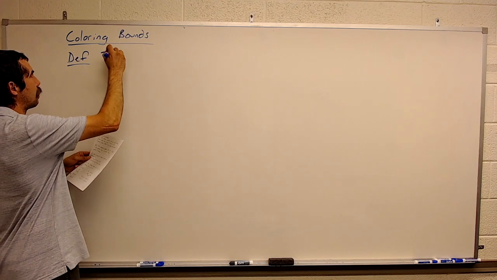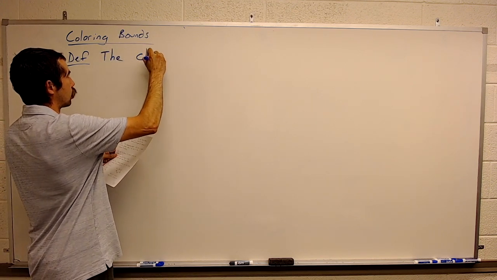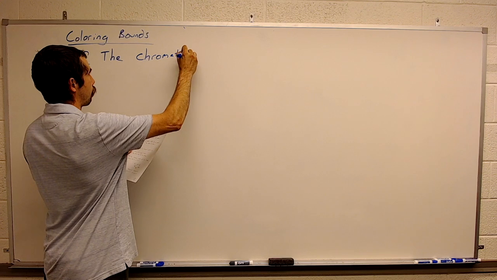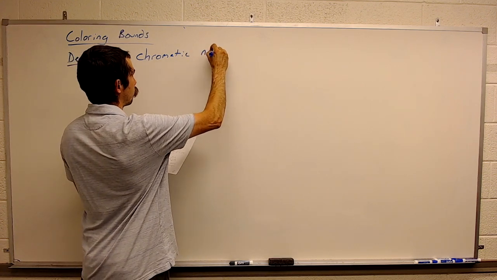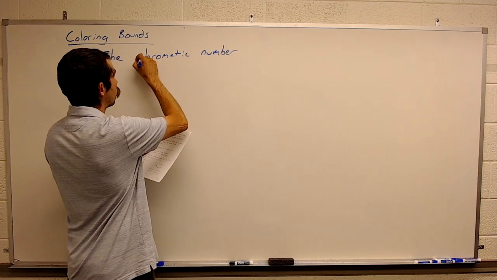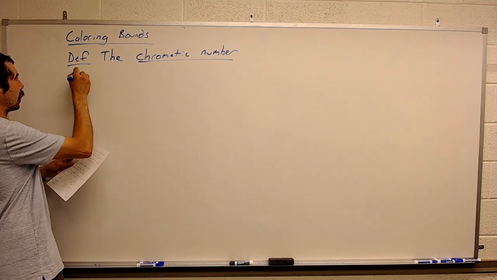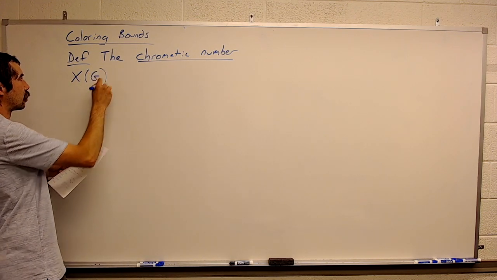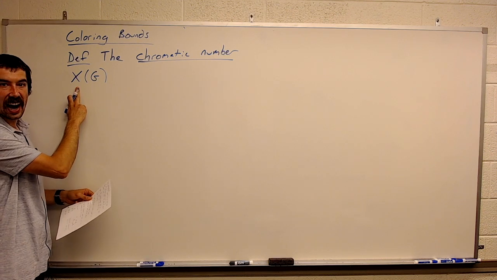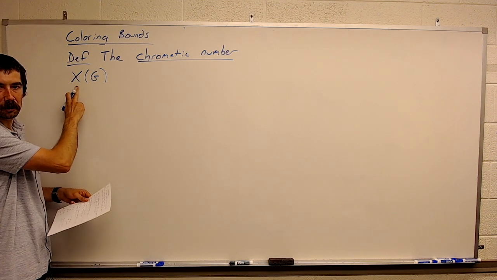The chromatic number, which is denoted by chi, that's the Greek letter chi, but you could just write x.